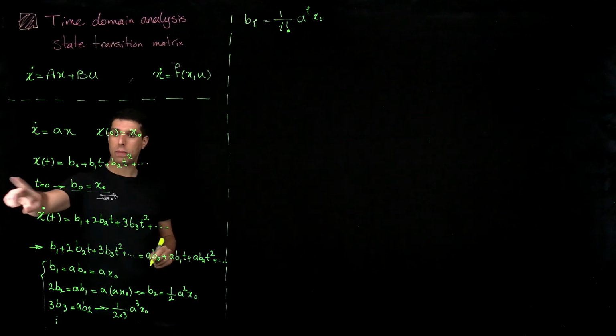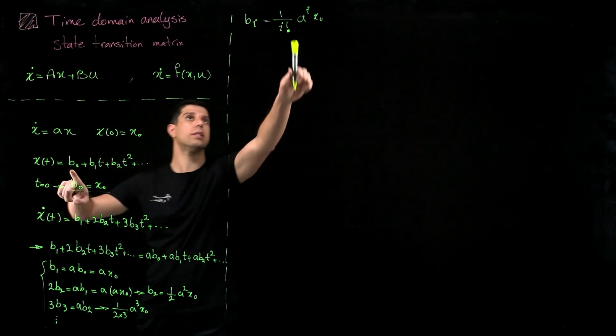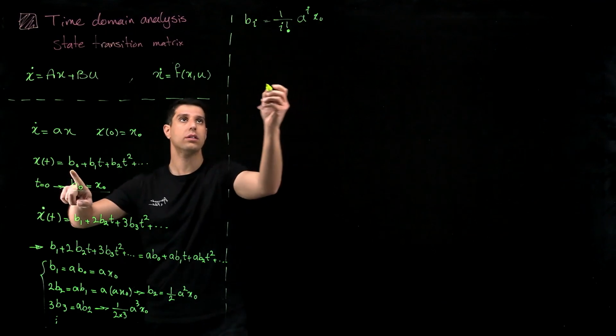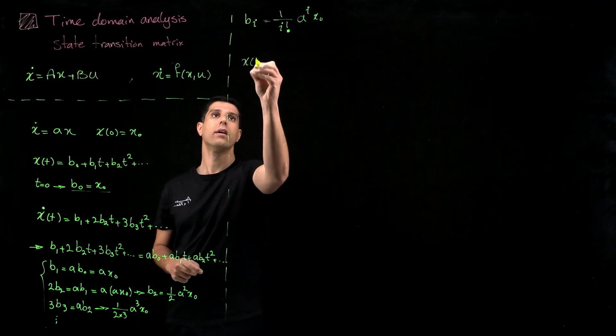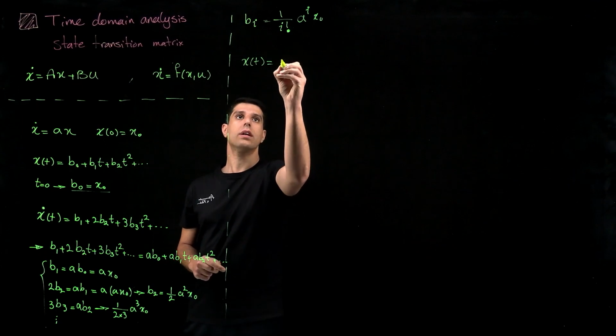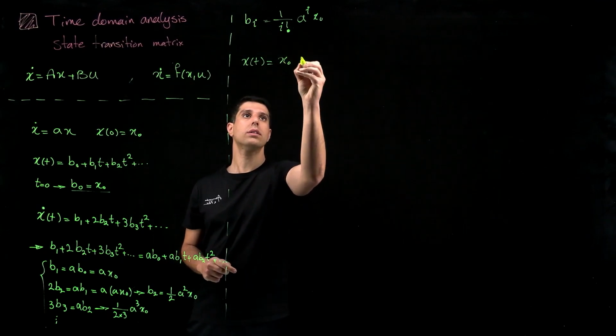And now going back to this form, all of these bi's have some x naught. So in x of t, I can factor out x naught.